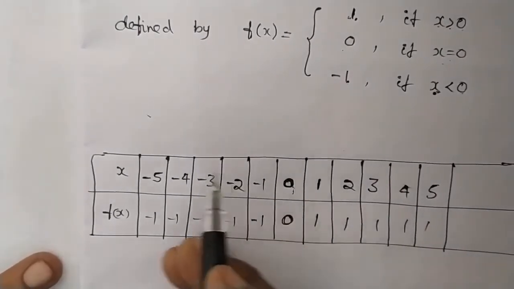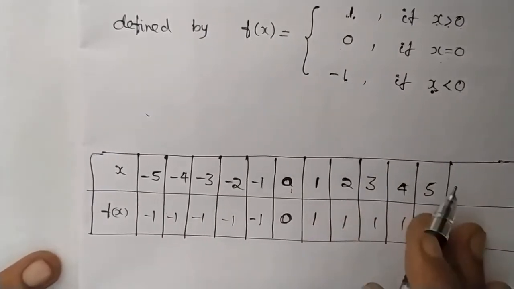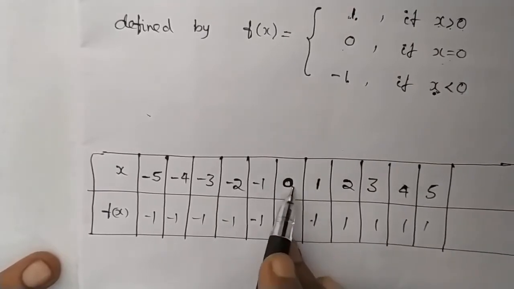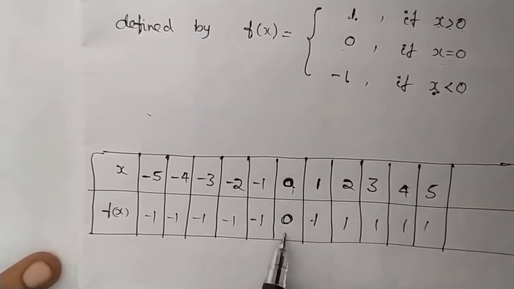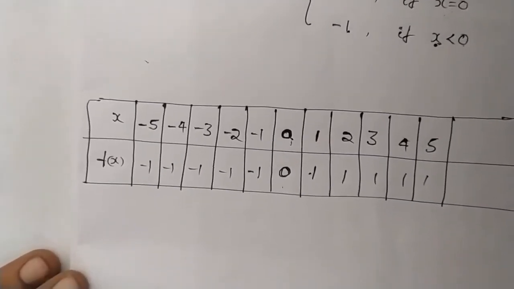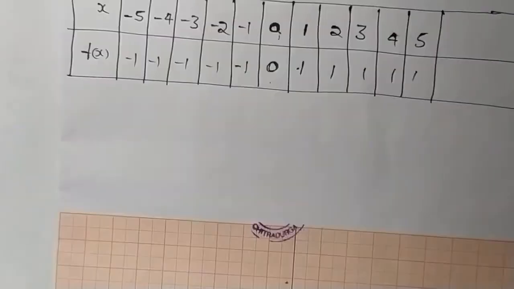For all the negative numbers, the output value will be minus 1. For all the positive numbers, the output value will be plus 1. If it equals 0, that output value is also 0. Hence, it is a table for this function. Now, by using this table, let us draw a graph.